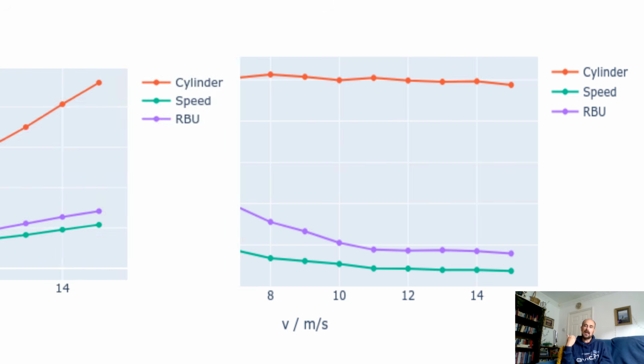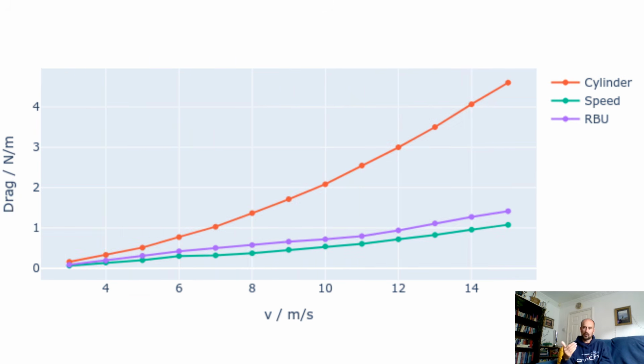But now if we look at the absolute force per unit length, obviously it doesn't make sense to plot those directly against each other now. So what I've done with this graph is that although the values for the speed and for the rubber backed upright are the raw values that would come off the rig, the value for the cylinder now is corrected by scaling it down to the diameter of what a round upright would be, so 1 1/8 inch tube.